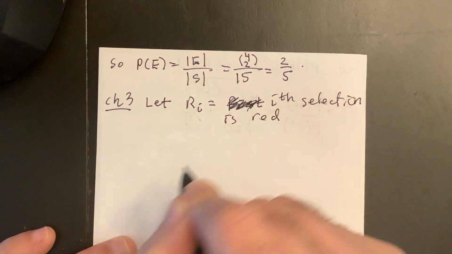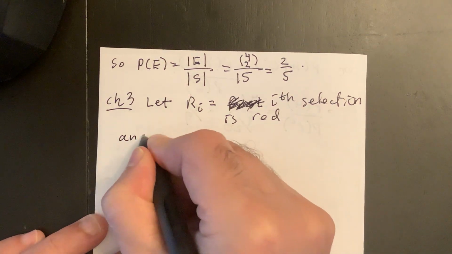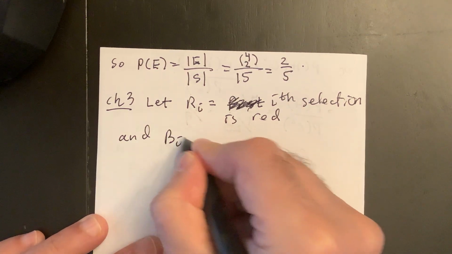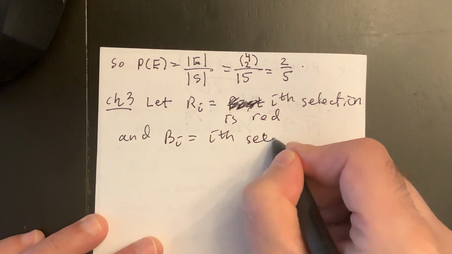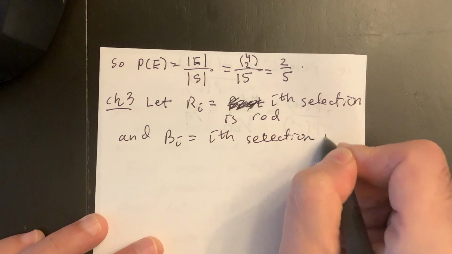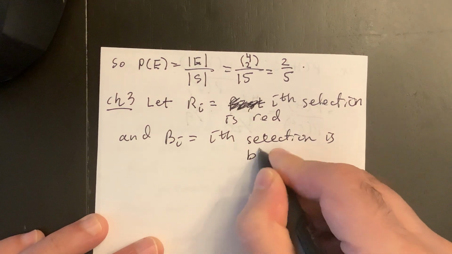So I'm going to think of selecting these in order, and Bi equal the i-th selection is black. In this case, I could also use the complement.